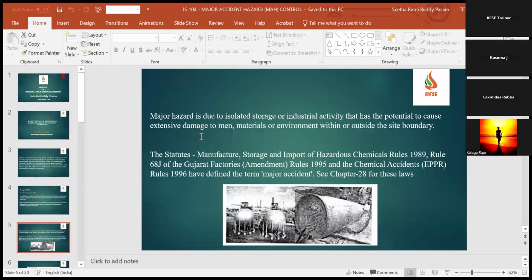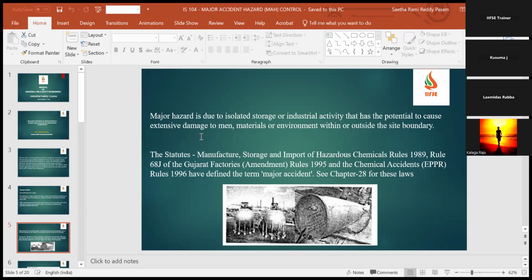A major hazard is due to isolated storage or industrial activity that has the potential to cause extensive damage to man, material, and environment within or outside the site boundaries. This is another definition. Isolated storage means sometimes you will have bigger storage vessels.